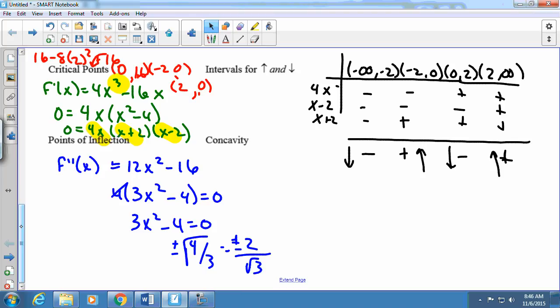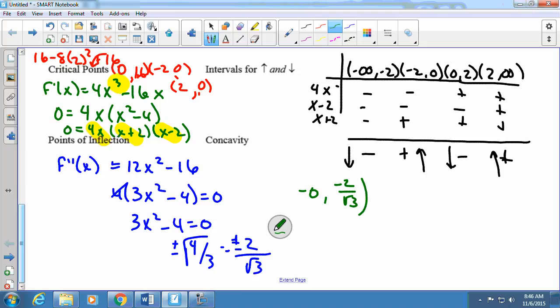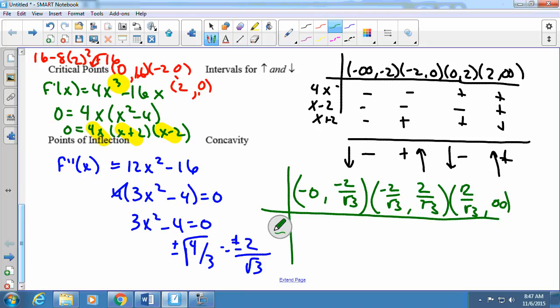I don't really care to find their value, but I am going to set up a table: negative infinity to negative 2 over the square root of 3, negative 2 over the square root of 3 to positive 2 over the square root of 3, and positive 2 over the square root of 3 to infinity. Constructing my table, I need to be careful. What goes in my table now?